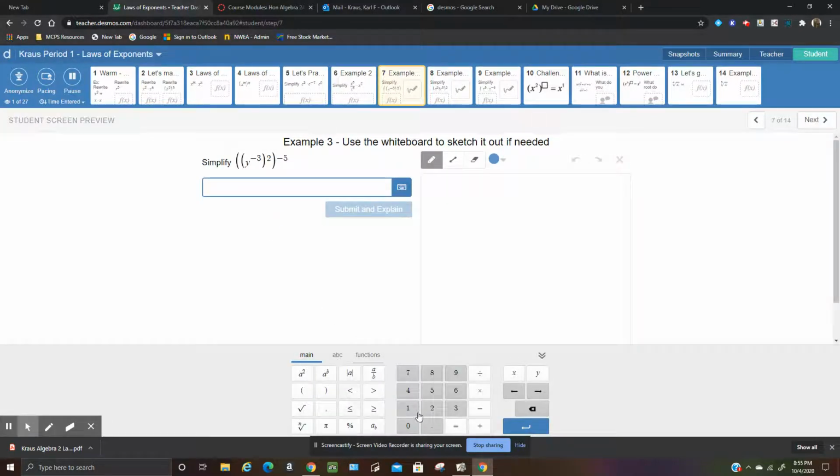So if I use parentheses, do what's inside the parentheses here, I got y to the negative 6th. And then exponent negative 5. Multiply those two together. Y exponent 30.